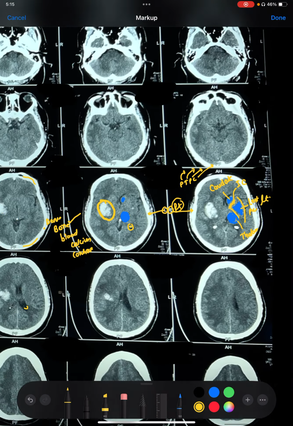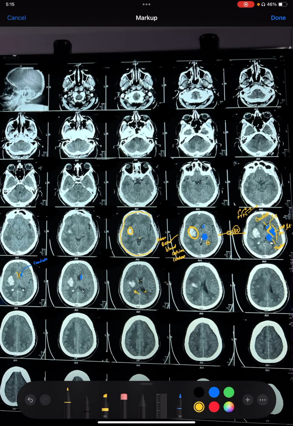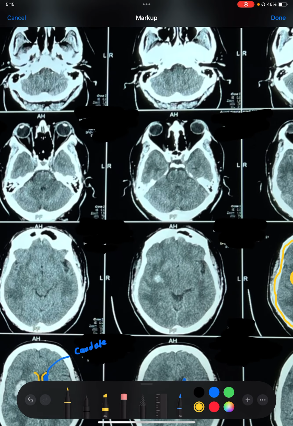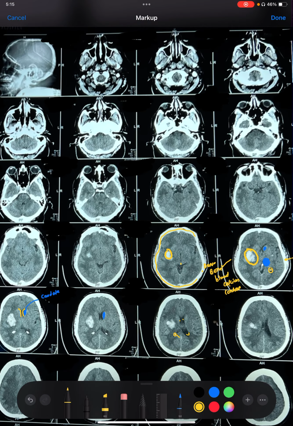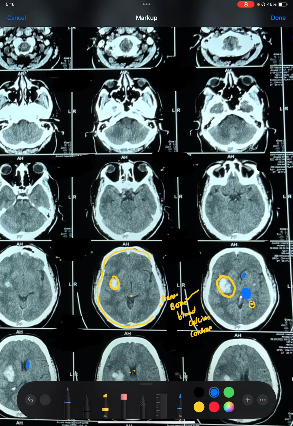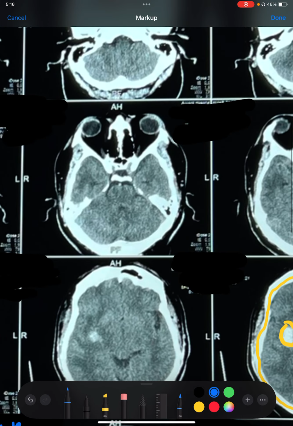Now, how to identify the brainstem structures is very easy. Here we can see the perfect round structure is the pons.